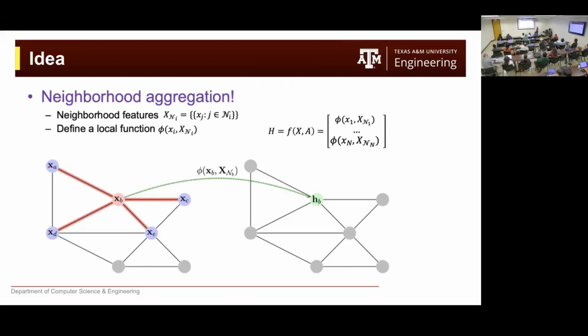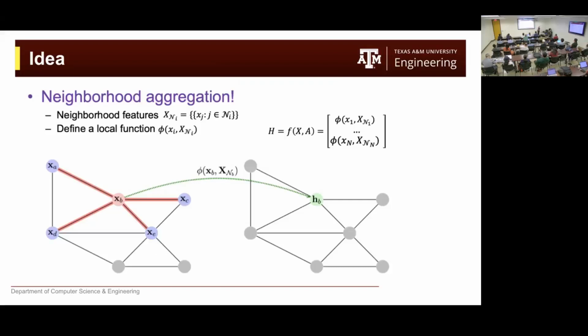So your input is a graph, and the output is a feature matrix. Basically, this can be written as applying this phi function on each node and its neighbors: x1 is the first node, then this is the node feature of its neighbors. So you apply a phi function to each node and its neighbors, for all four nodes.